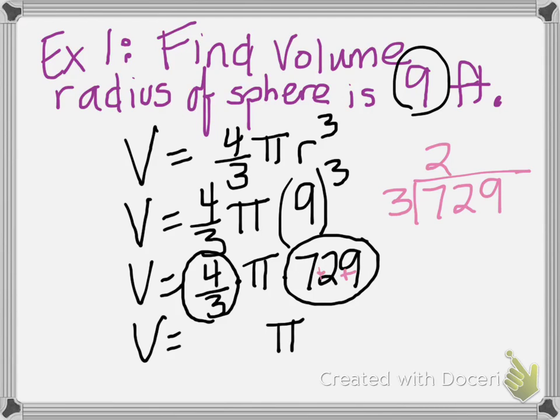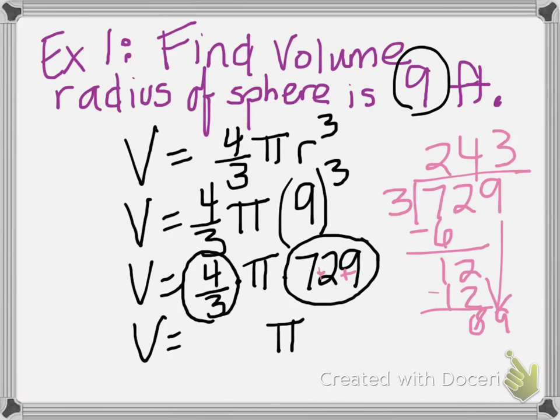by 3, and we get, okay, so that gives us a 3 with 729 gave us 243, and I still have to multiply it by that number 4.